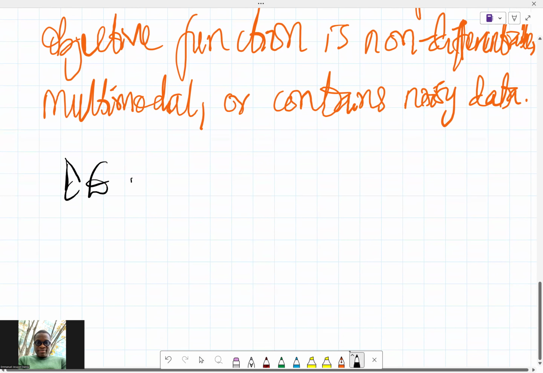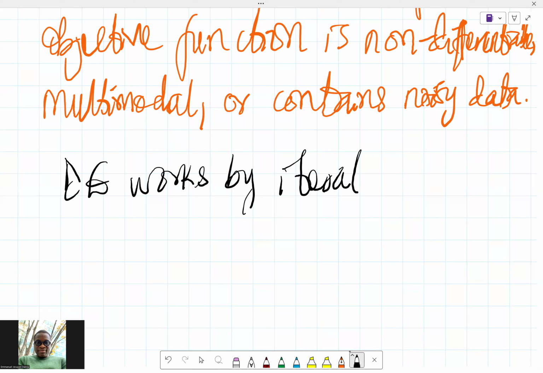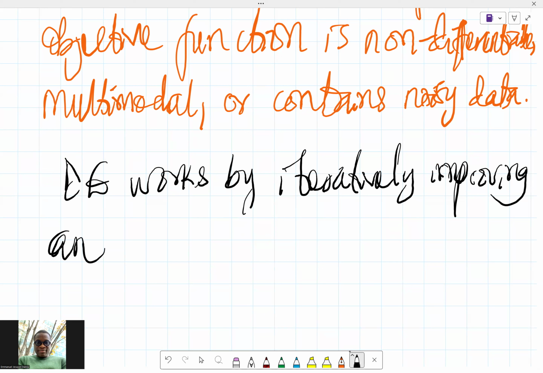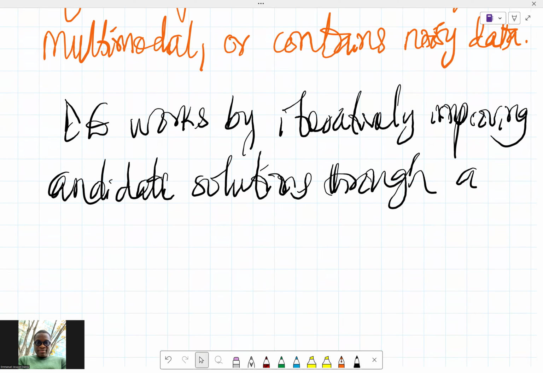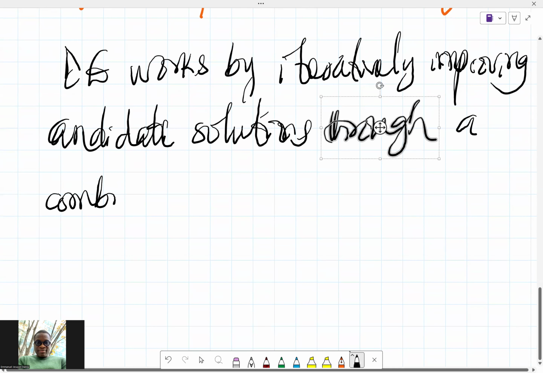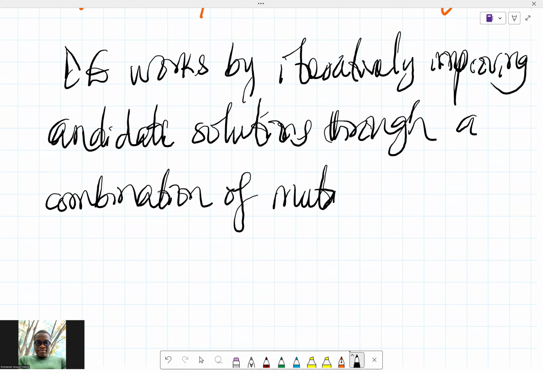Differential evolution works by iteratively improving candidate solutions through a combination of mutation, crossover, and selection.